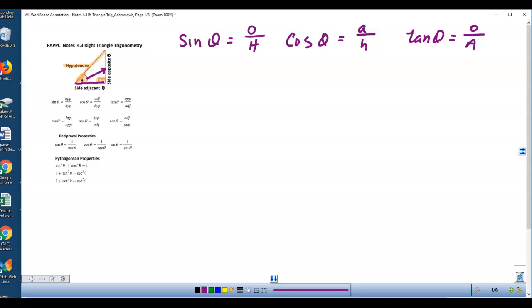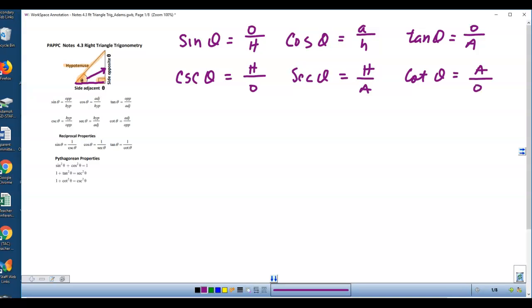The second half of the trig ratios are called the inverse functions, and they are cosecant of theta, which is hypotenuse over opposite, secant of theta, which is hypotenuse over adjacent, and cotangent of theta, which is adjacent over opposite.